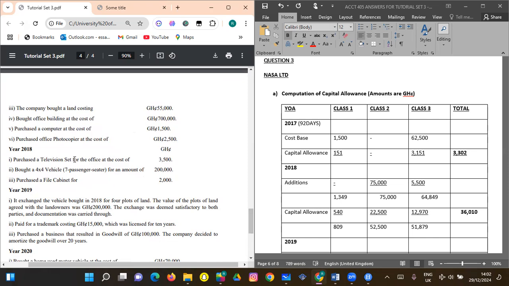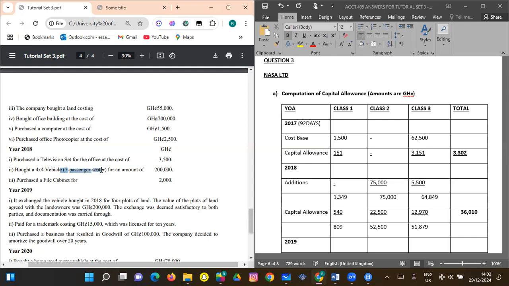Purchased a television set for the office, and then bought a 4x4 vehicle, 7 passenger seat. Remember I told you that for a vehicle to be considered commercial, it should have at least 13 passengers.